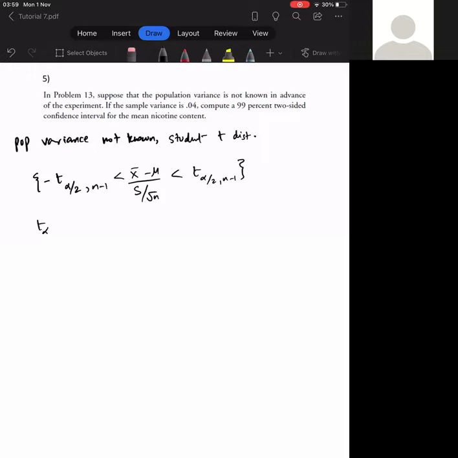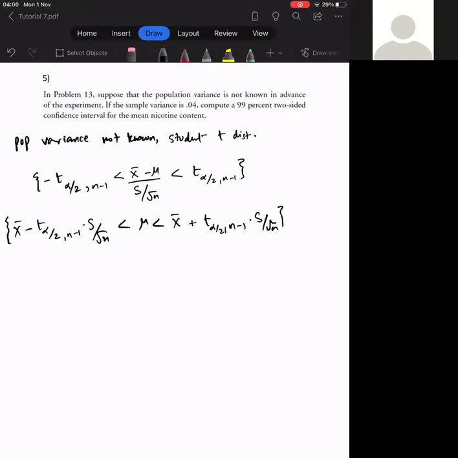t alpha by 2 times s over under root of n less than mu, which is less than this is in general.